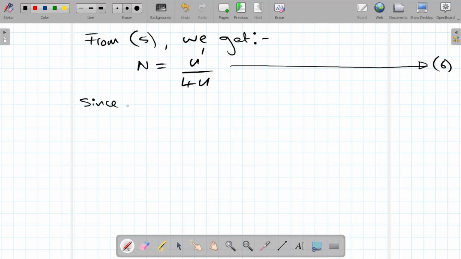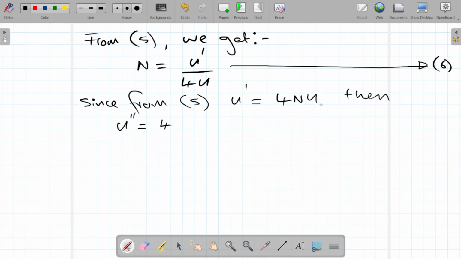Since from equation 5 we have u prime equals 4nu, then u double prime is equal to 4. So first of all, we'll leave the 4 alone because that's just a constant. We can bracket it if you like, and then differentiate what is in the bracket.